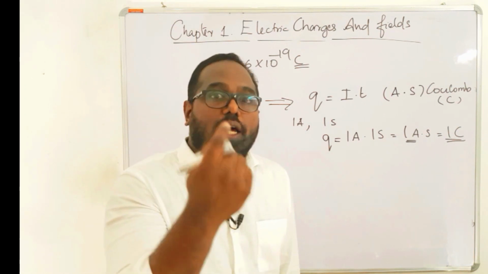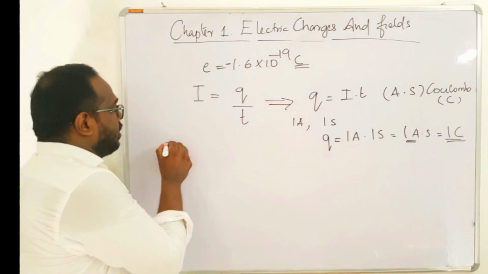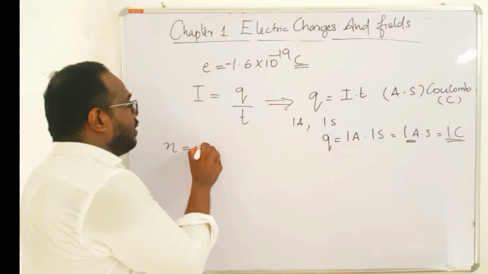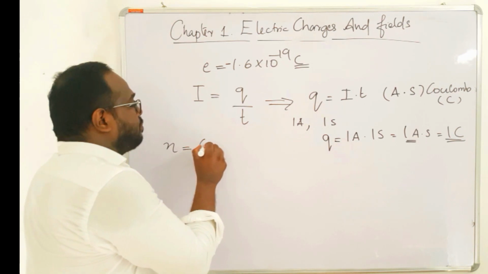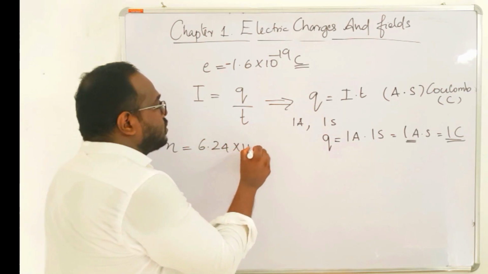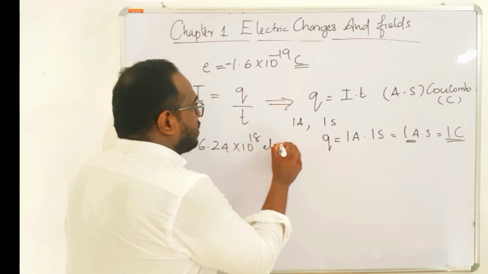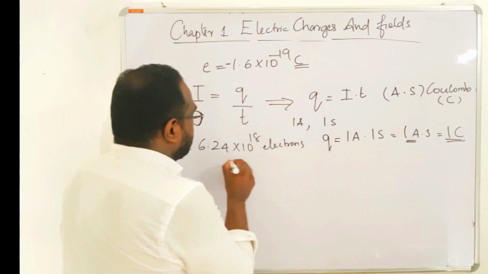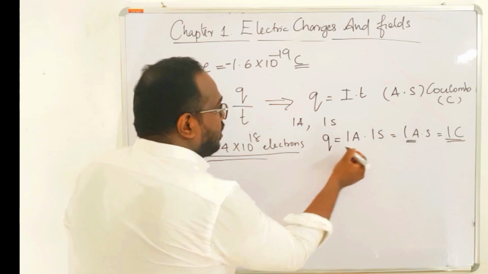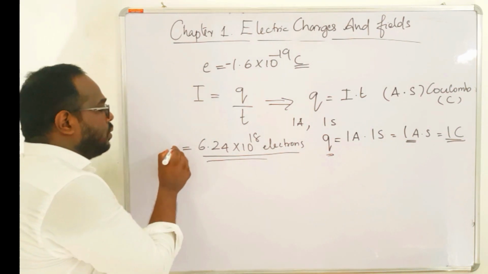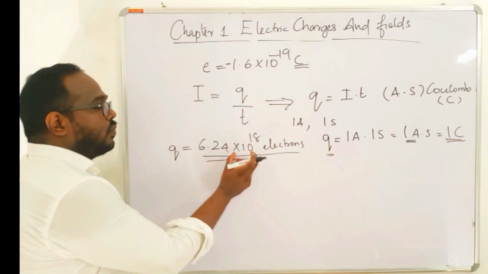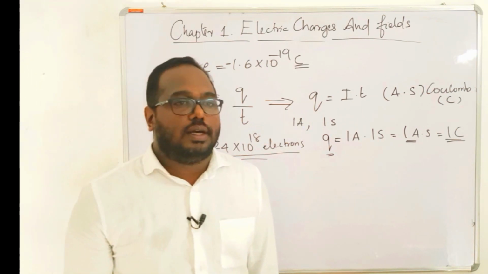If 1 ampere current is passing through a conductor for 1 second, the number of electrons passing, N, is equal to 6.24 into 10 raised to 18 electrons. This is that quantity Q. That is 1 coulomb.